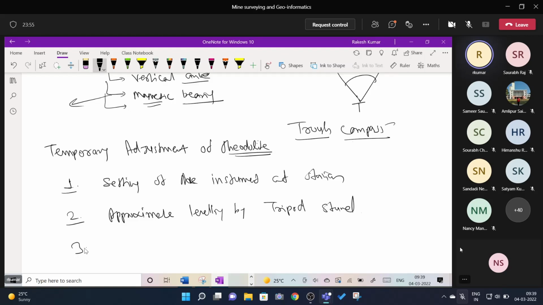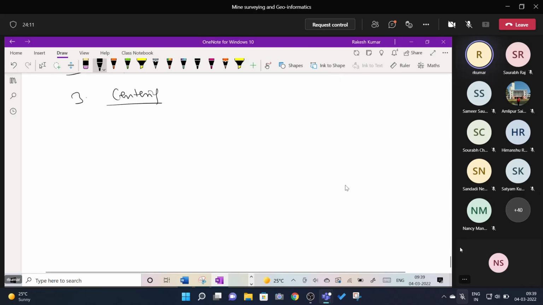Number three, the centering. You can also start from centering, but by the process, first you set the instrument, then you do the approximate leveling by tripod stand, then we do the centering. Then number four, leveling by foot screw.